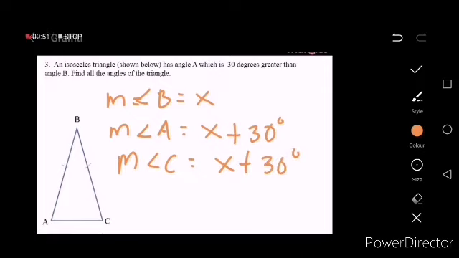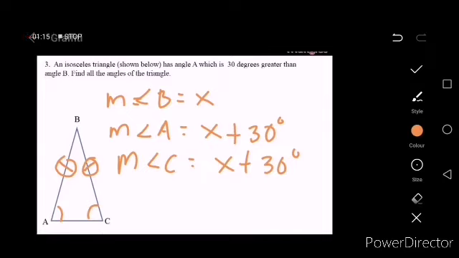But why? These two symbols, these two tick marks, represent the equality of side AB and side AC. Now, since side AB and side AC are equal, therefore, their opposite angles are also equal.